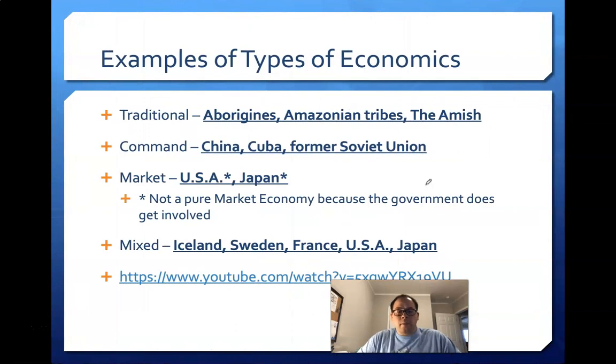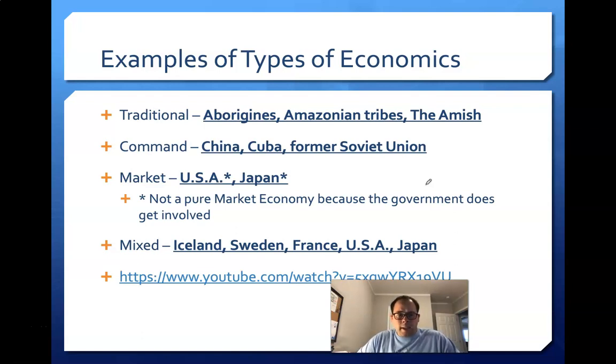So, some examples of these different types of economies. Traditional would be the Aborigines in Australia, the Amazonian tribes, like I said, the Amish. If we're looking at command, we're looking at China, Cuba, the former Soviet Union, North Korea. So those communist dictatorships tend to have more command style economies.